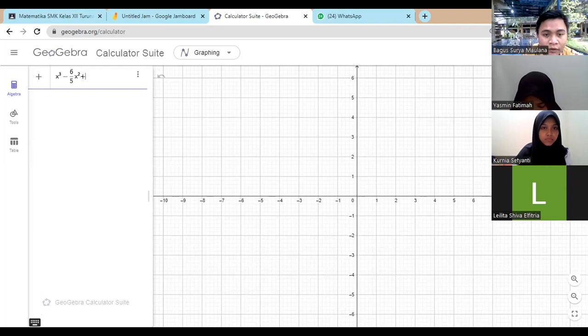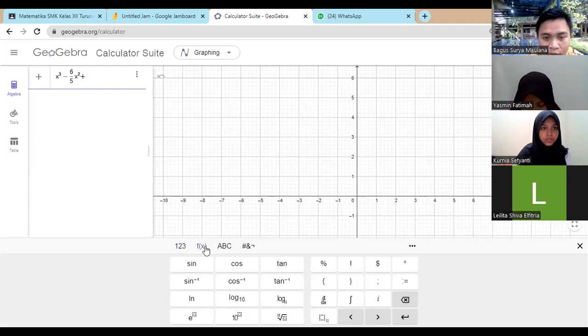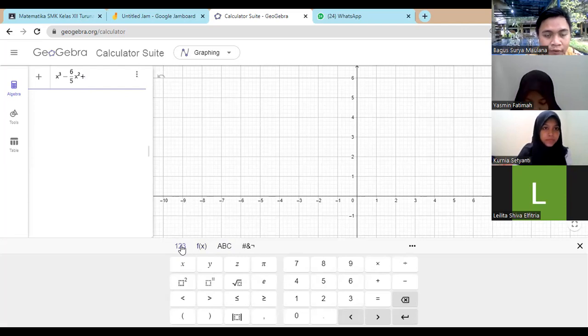There is a feature in here that we can write in the function, like the square root, the e form, the pi, the natural number, the square, and so on. And then we get the trigonometry functions in here. So this is very easy to make the graph in here, and it's so helpful if you do the graph in here.